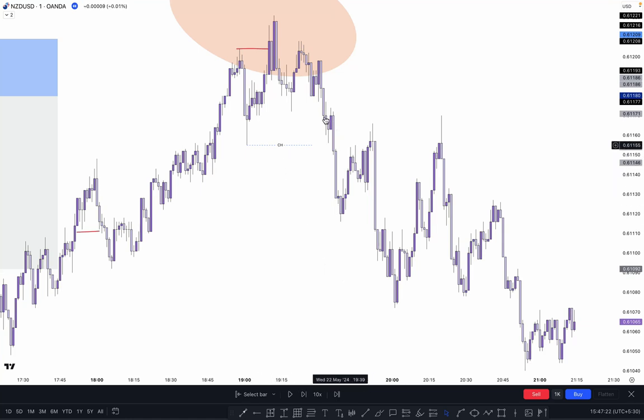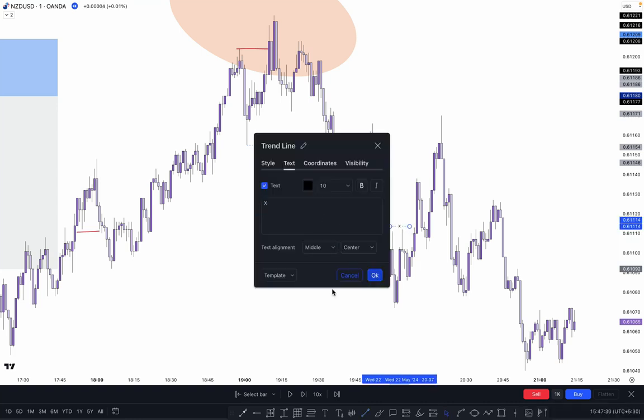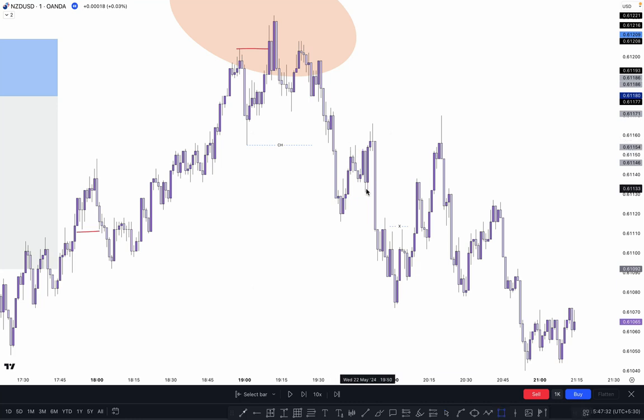CHoCH, inducement, no inducement taken out, market went down, and what are you looking for here? Simply you can see the market has taken out this inducement, and after taking out the inducement, this is our last buying move before the sell right here. Okay, so we can sell at this point.